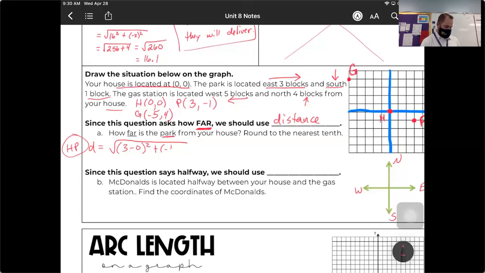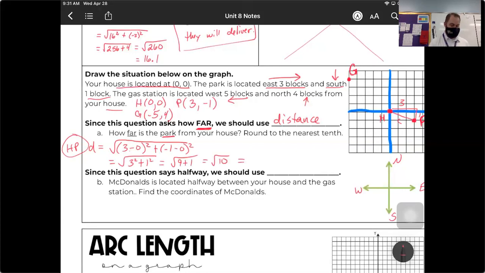The park was at -1 for the y values, your house is at 0, so -1 minus 0 squared. You could do that, or we could do a right triangle and use the Pythagorean theorem. 3 squared plus 1 squared equals c squared, which is 9 plus 1, or the square root of 10.